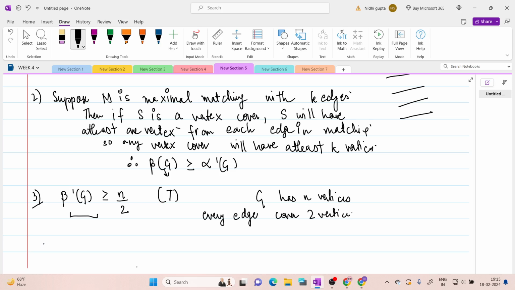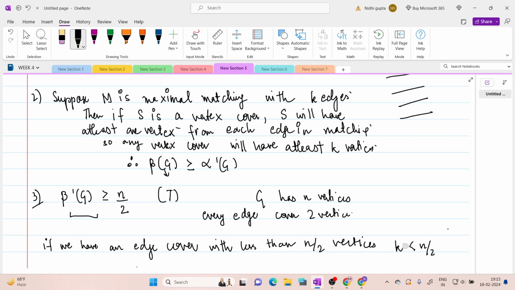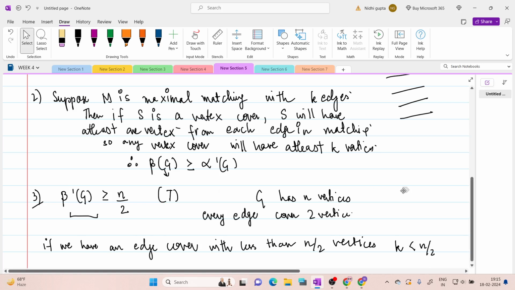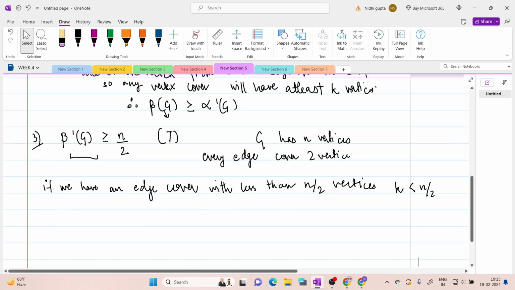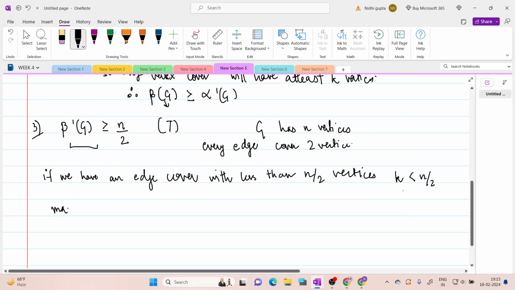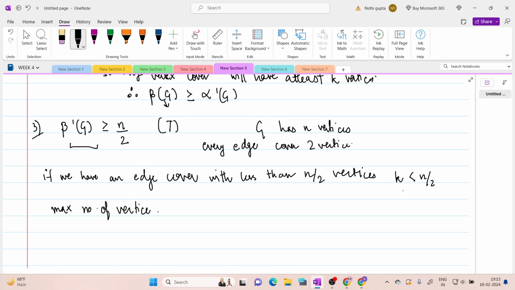So if we have an edge cover with fewer than n by 2 edges, say k, which is strictly less than n by 2, what is the maximum number of vertices that edge cover can cover? 2k. Yes, 2k.